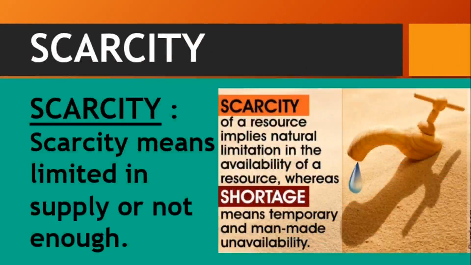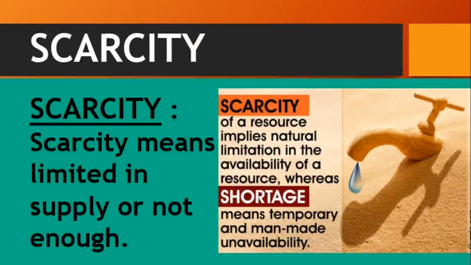Next is scarcity. Scarcity means limited in supply or not enough. There's a difference between scarcity and shortage. Scarcity of a resource implies a natural limitation in the availability of resources.